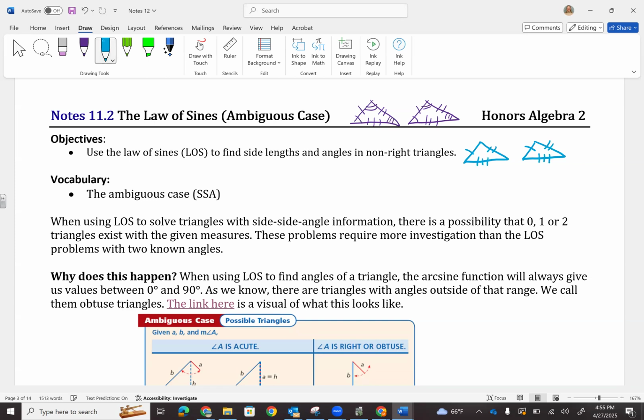So side, side, side was a proof. Angle, side, angle, hypotenuse, leg. Those were the ones that you could show, hey, guess what? If I have the matching angle, side, angle to be congruent between two triangles, because the measure of an angle directly impacts the length of the side across it.